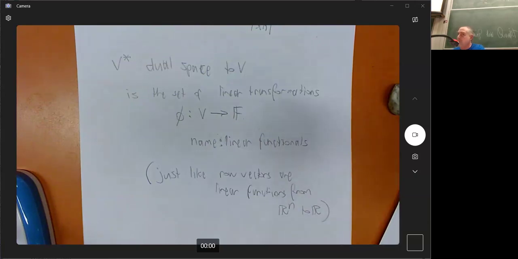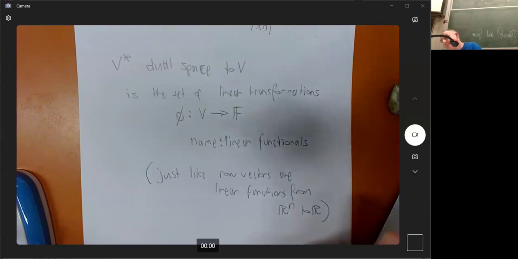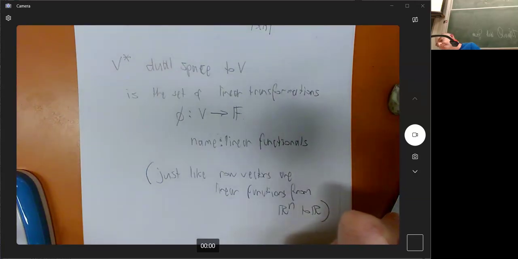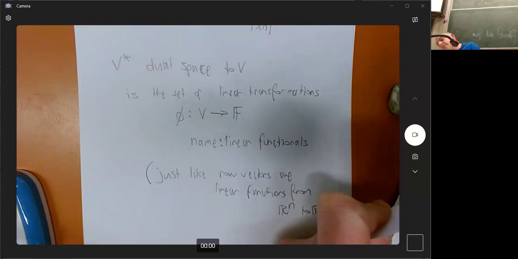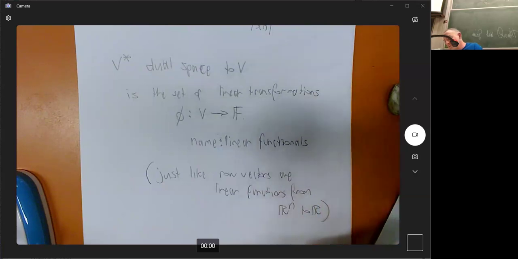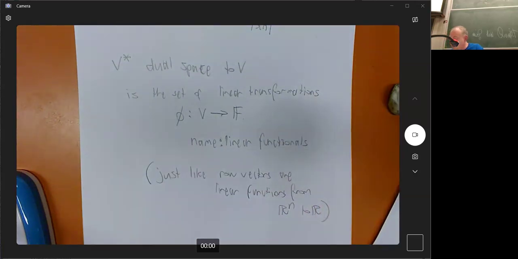Just going to check that. Definitely works if it's finite. Well, maybe the dual space isn't isomorphic to the original space, but if you do the dual twice, you'll definitely get something isomorphic back to the original. No, they are isomorphic as long as it's finite dimensional.